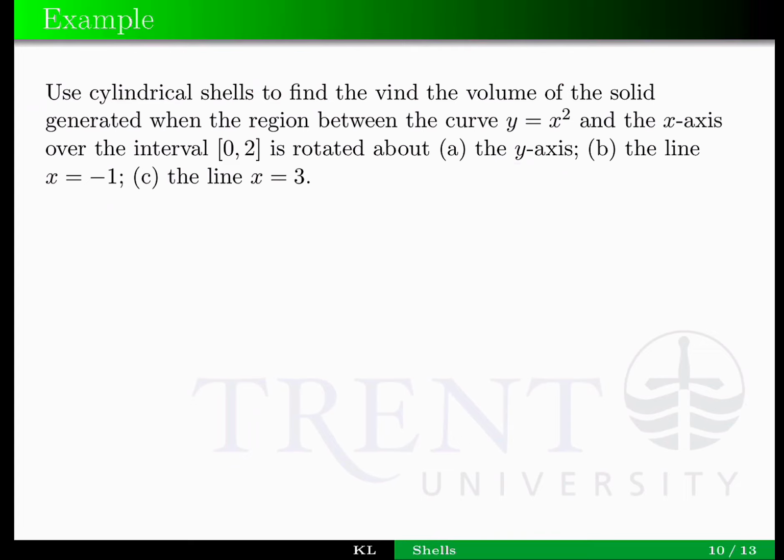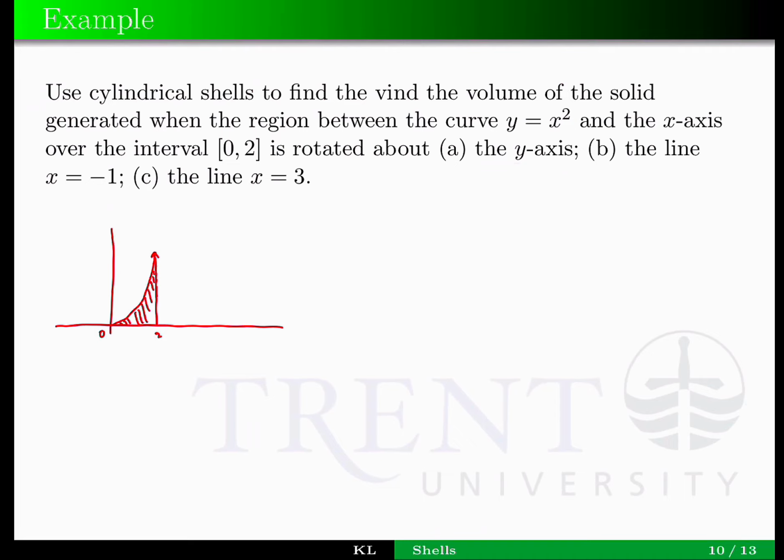So let us consider the three scenarios. We have y equals x squared, something like this, and then the x-axis over the interval 0, 2. So let us have this one here, 0, 2. So this will be the region.